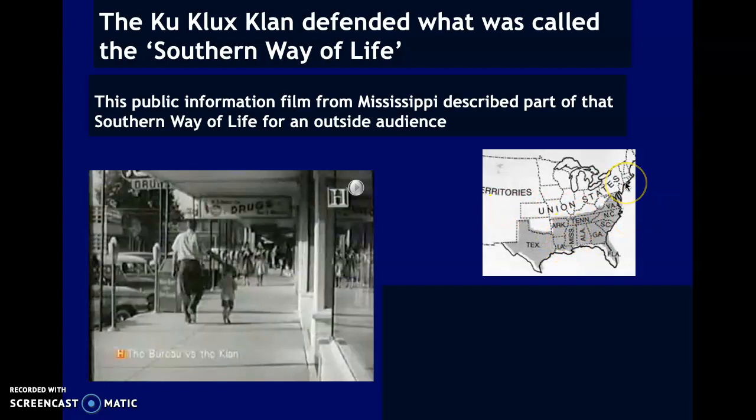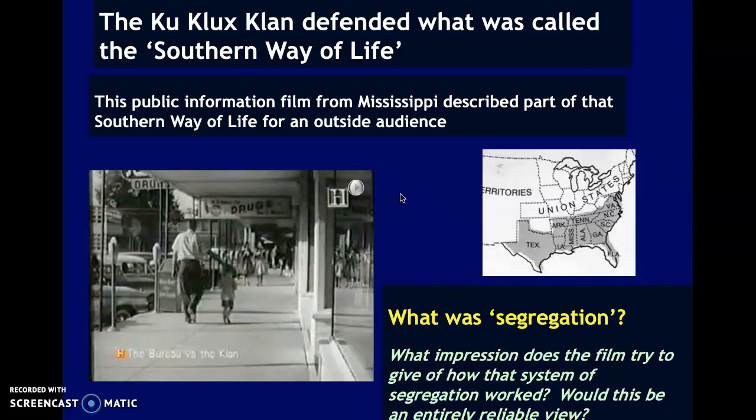All right. So today we are learning about not just the KKK, but we're learning about the South, how people lived in the South in the 1950s and the 1960s. So what I want you to answer is this question: what was segregation? And then secondly, what impression does the film try to give you about how the system of segregation worked?